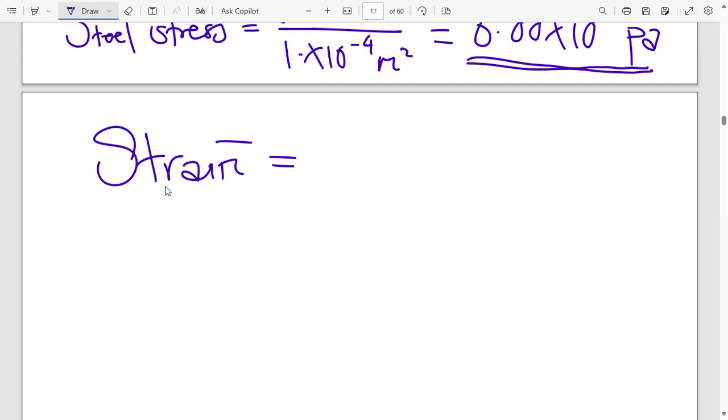Okay, so you can also express strain in terms of stress and the Young's modulus. We have calculated the stress for each wire here, and the strain is also equal to stress over Young's modulus.